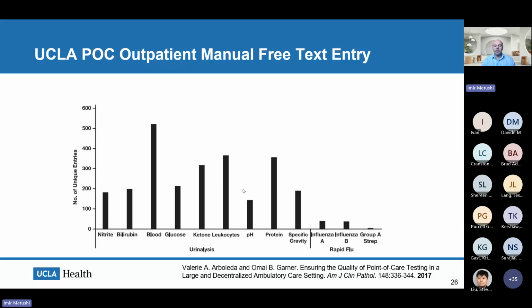Or you could have things like a P for positive, or pos, or positive spelled wrong, or dots, pluses, 2 pluses, a very large number of different entries that are non-standardized. By standardizing result entry, a lot of these go away, basically by not allowing free text entry. So it's another way to disseminate some standardization across the sites and do things more consistently.